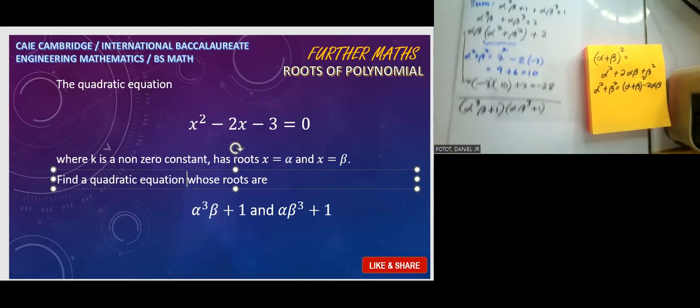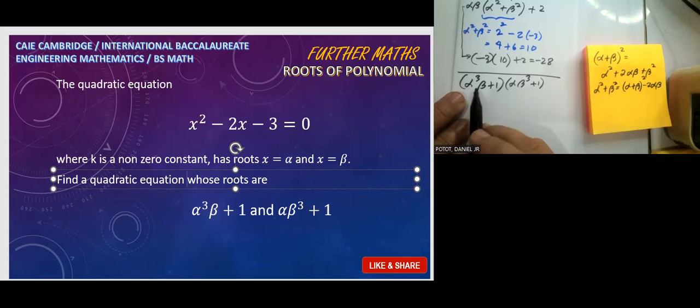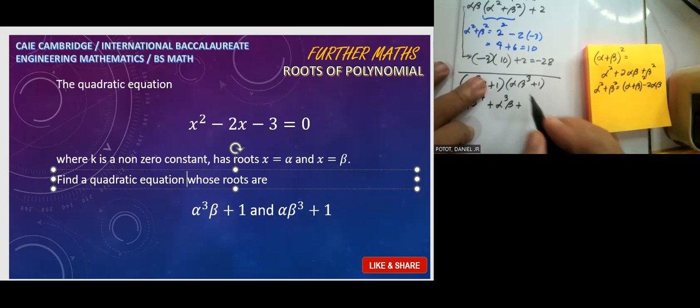We will just continue with this. When you multiply this and this, that will give you alpha to the 4th, beta to the 4th. It looks complicated, but let's just play around with it. This and that, and then this and this, alpha beta cubed, and plus 1.